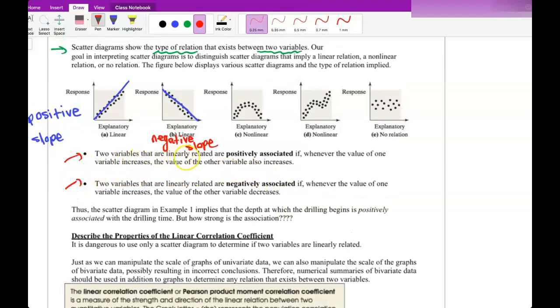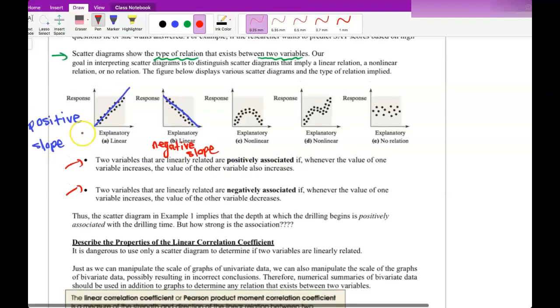Two variables that are linearly related are positively associated when the value of one variable increases and the value of the other variable also increases. So if x increases, y will also increase.